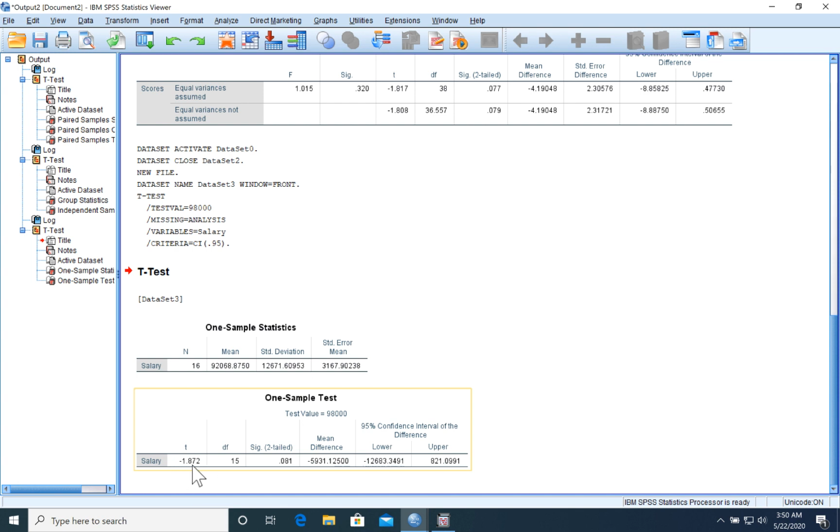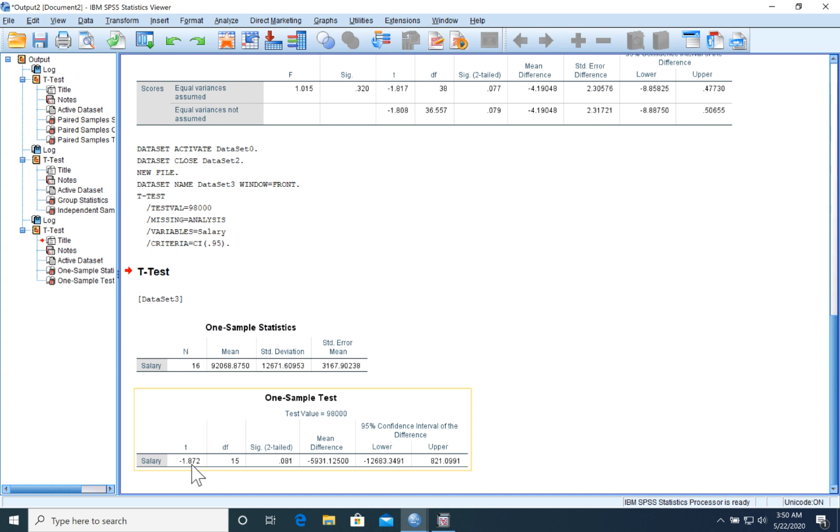This is in between those two values, so it would land in the unshaded region. And if we're in the unshaded region, we fail to reject the null hypothesis.